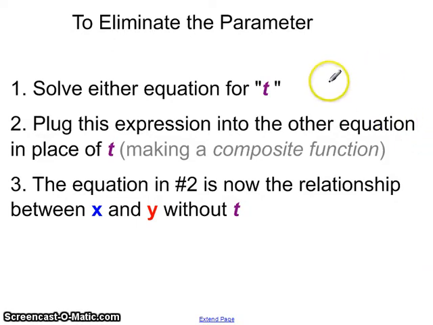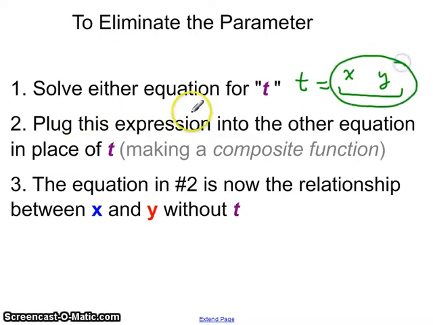To eliminate the parameter, what we're going to do first is to solve either of the equations for t. It doesn't matter which one, we just want t equals something. And this something is going to be something with only x or something with only y in it. And then we're going to take this expression and plug it into the other equation in place of t.